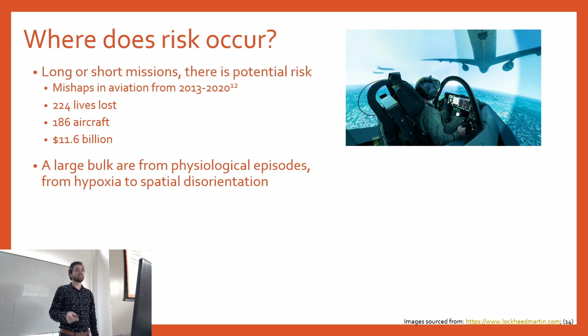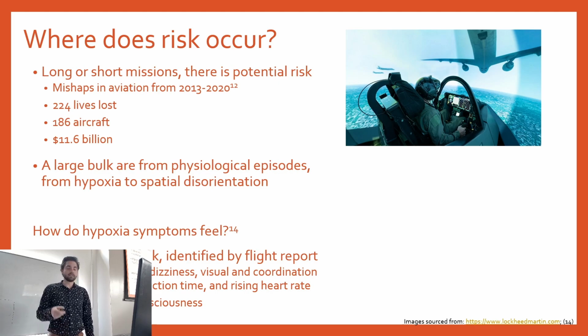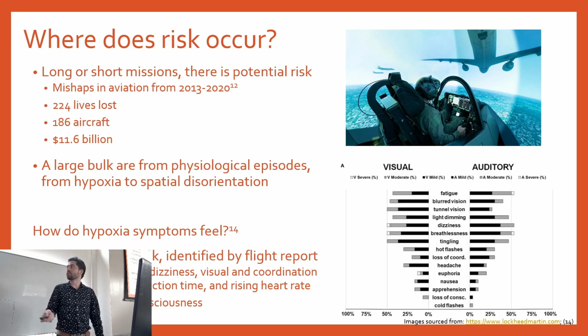Here we're doing that at 30 to 40 times as fast, up to about a minute it takes to reach that high altitude. And in this, of course, you have very intense flight for the pilot. So any kind of risk to dizziness, visual coordination, or other reaction time things are very dangerous for the pilot, especially if they lose consciousness. Of course, then you can't fly the plane.